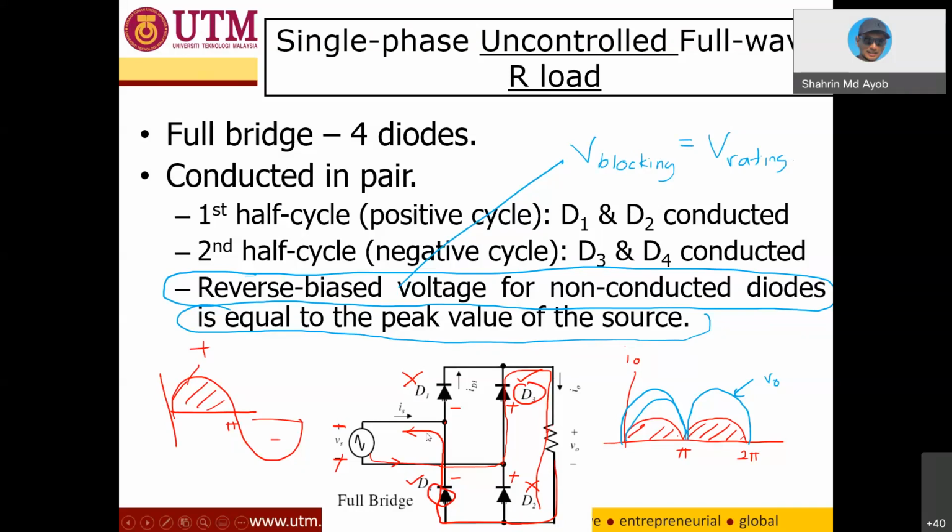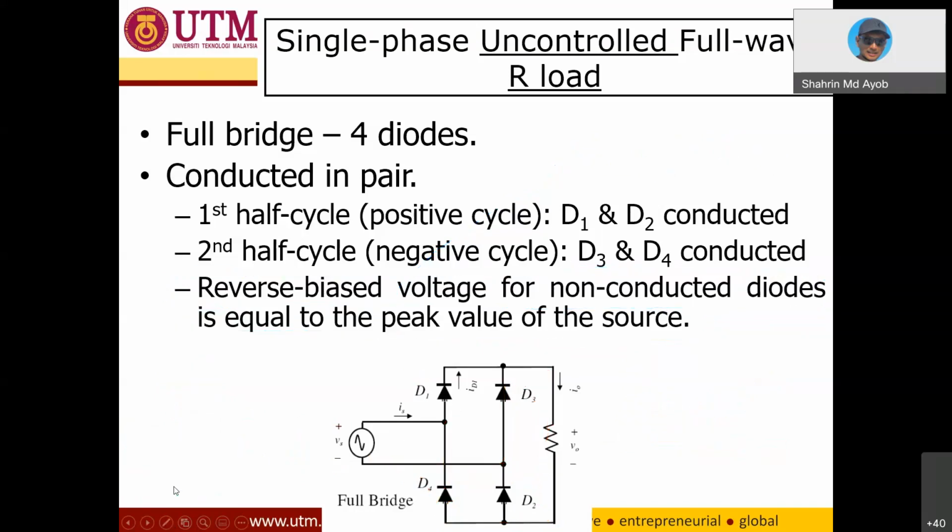Okay, so if you see this circuit, when D1 is turned on and D2 is turned off, D4 and D3 are off. So what is the voltage rating for this diode?